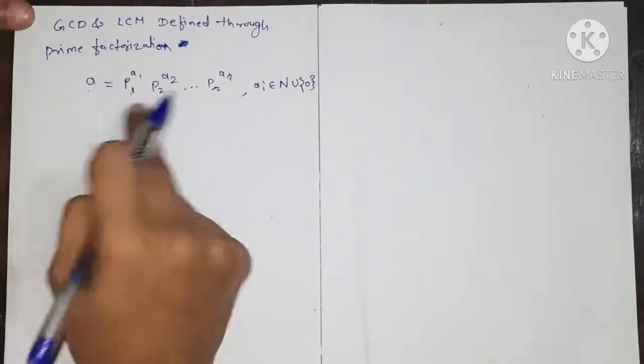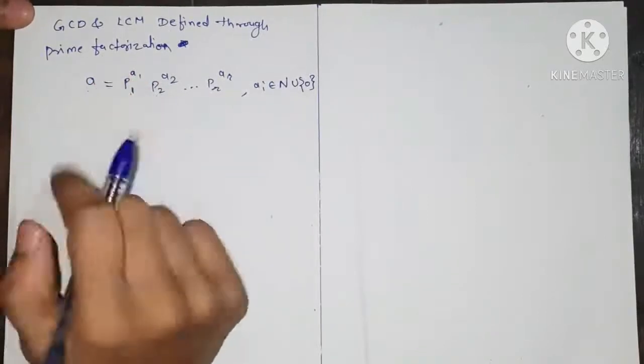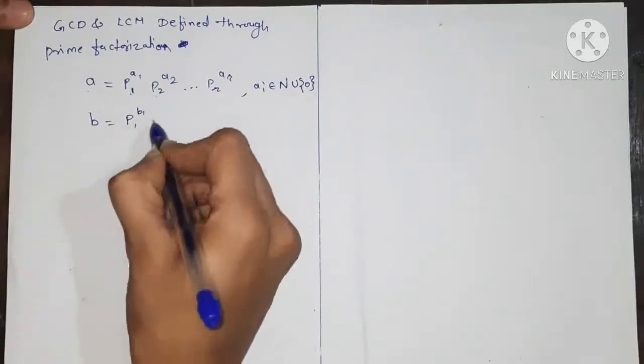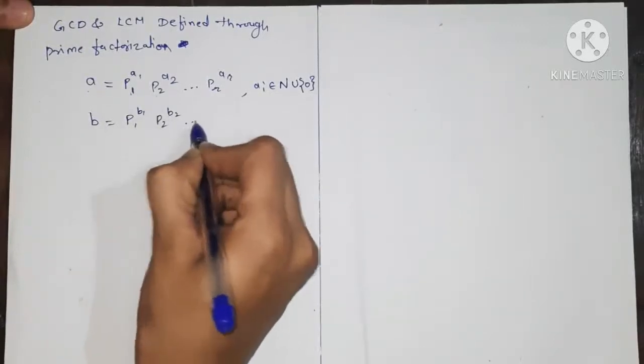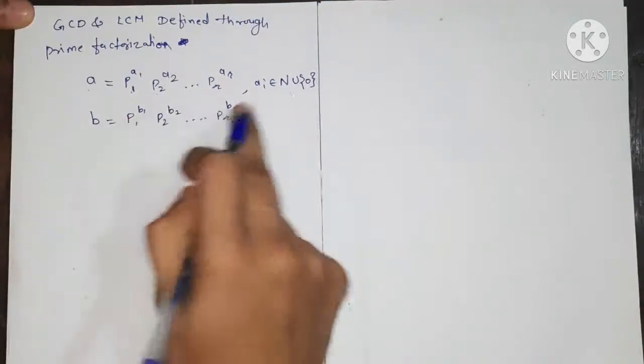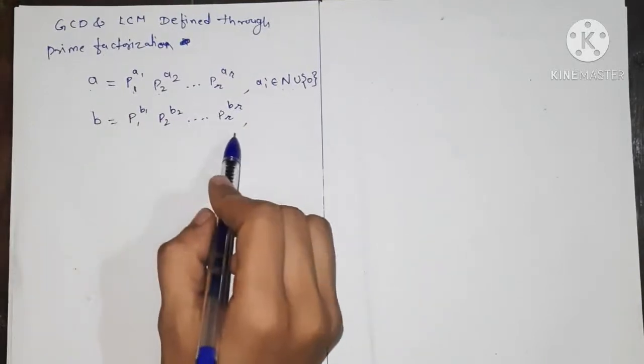That is, A is written in the standard canonical form of the prime factorization. B is also written as p1 to the power b1, p2 to the power b2, and so on, pr to the power br, where bi are also natural numbers and p1, p2 up to pr are primes.